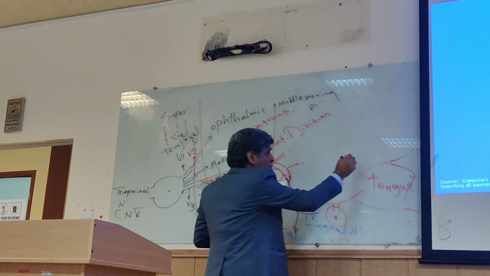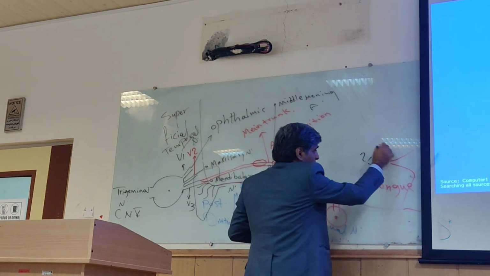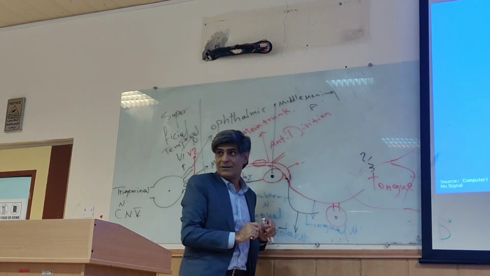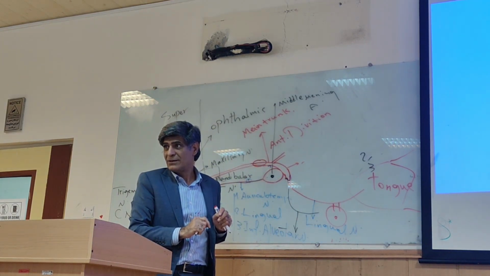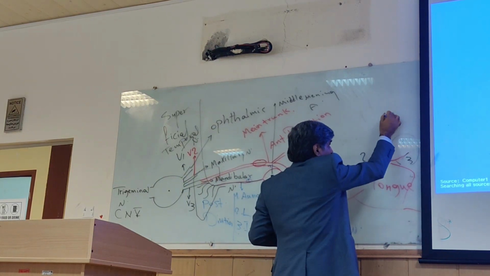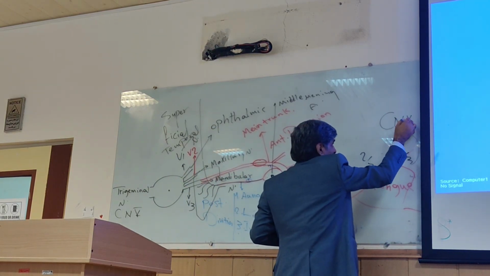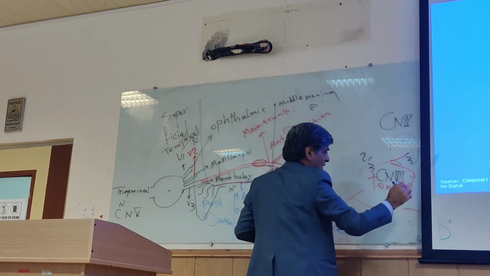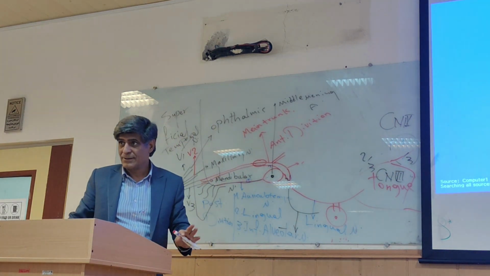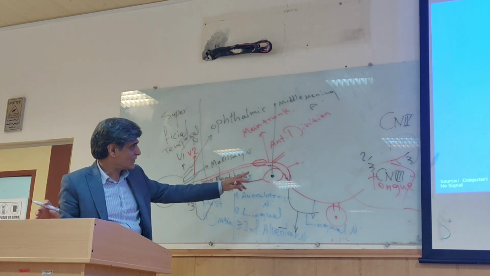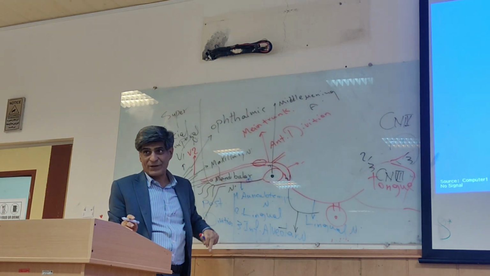But the anterior two-thirds of the tongue is innervated by the lingual nerve, and the posterior one-third by CN9. This part is CN7. Did you understand this part?